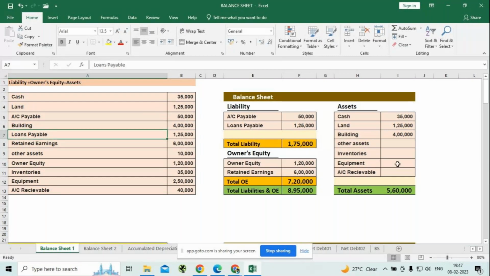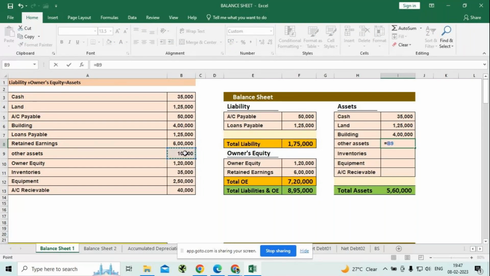Then other assets value is 10,000. Inventory value is 35,000. Equipment value is 2 lakh 50,000. And the accounts receivable value is 40,000. So this makes the balance sheet equal on both sides.